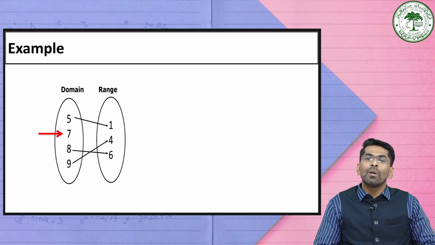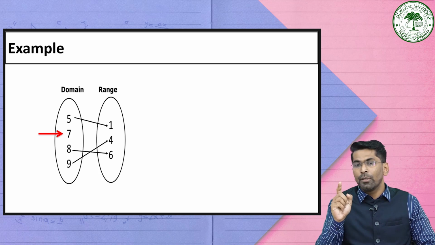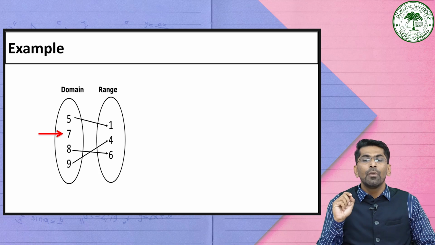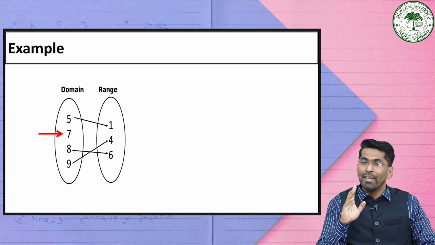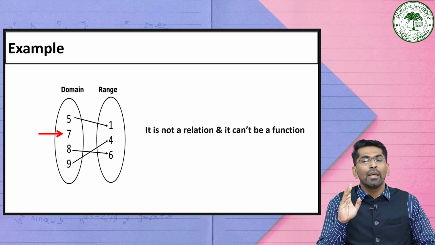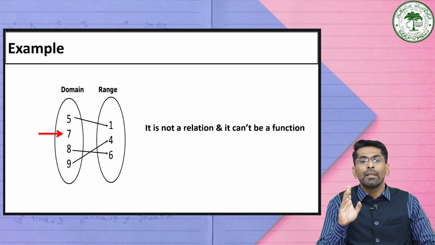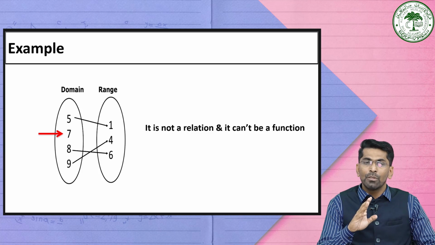Therefore, it is not regarded as a function, because one of the elements in the domain is not paired with an element in the range. Every element in the domain must have some kind of correspondence to an element in the range for it to be considered a relation at least. Since this is not a relation, it can't be a function either.